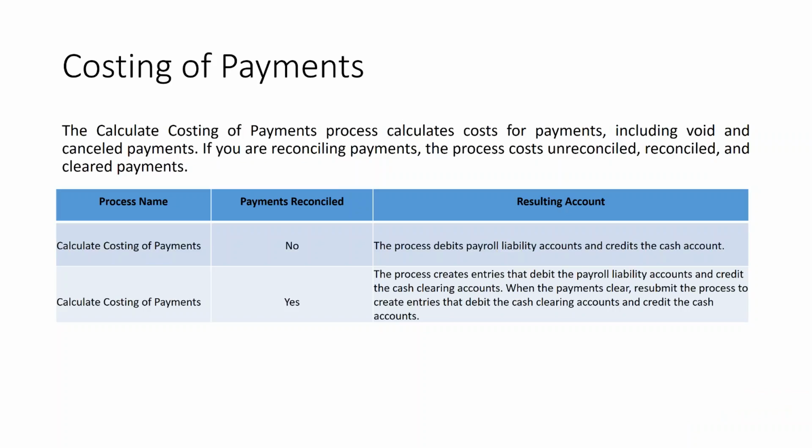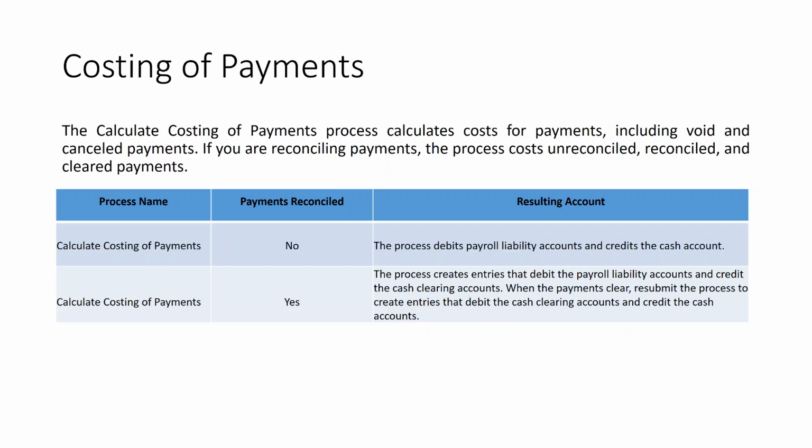Now, the costing of payments is entirely for your cash management module. The process name that we need to run for the costing of payment is called Calculate Costing of Payments. Now, we need to run it 2 times because the purpose of the costing of payment is to reconcile with your bank statement.